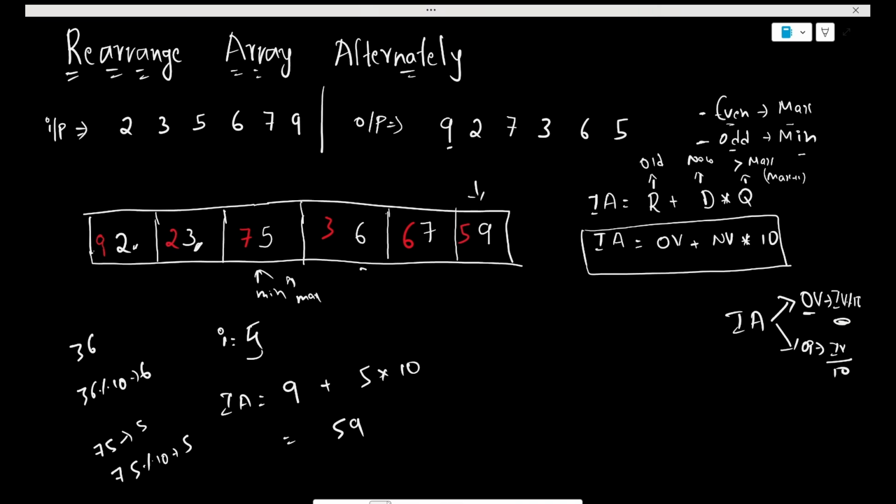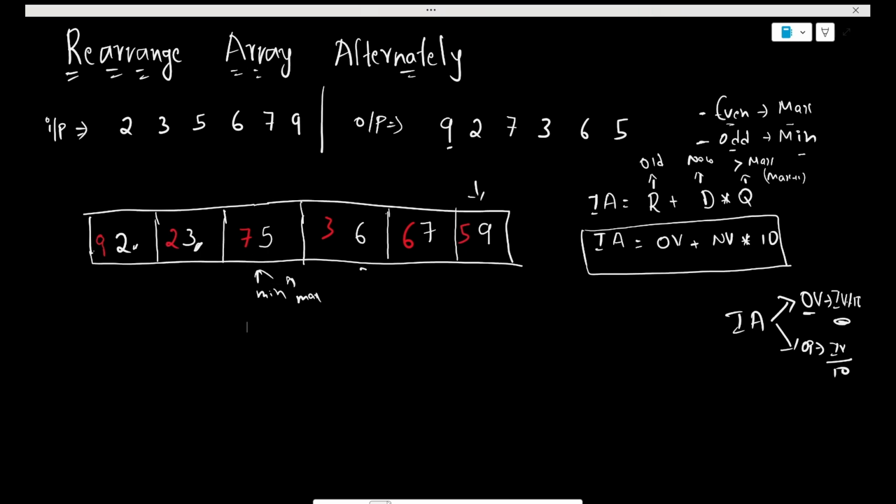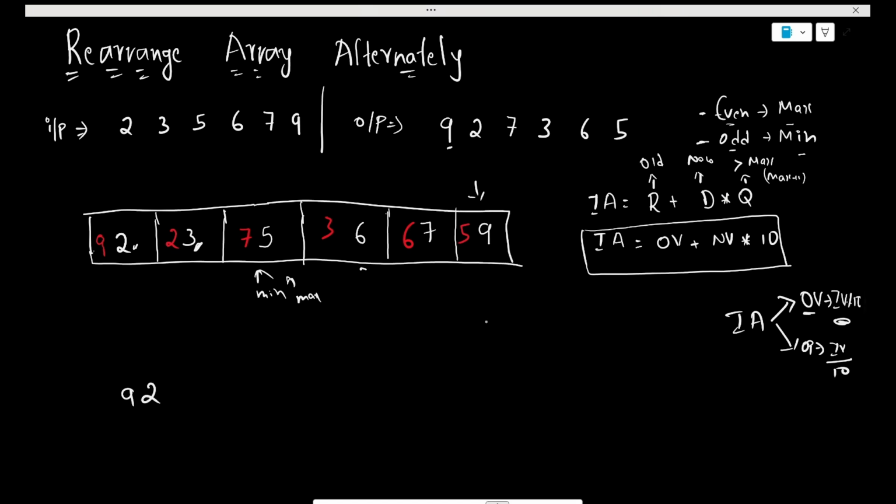I will explain again, so let's complete this first. After this entire loop is completed, what are the values we got here? 92, 23, 75, 36, 67 and 59. Right? So divide all the numbers by 10.